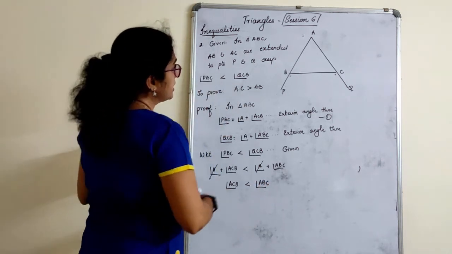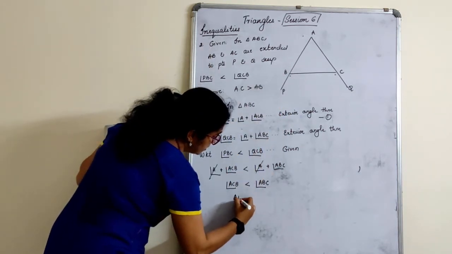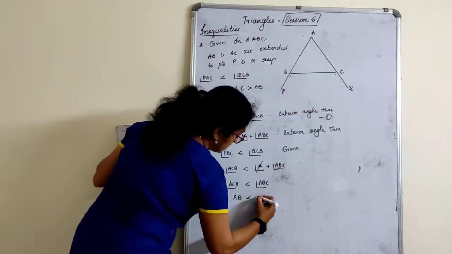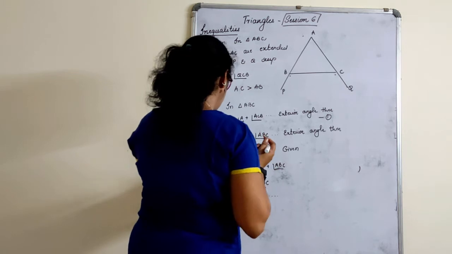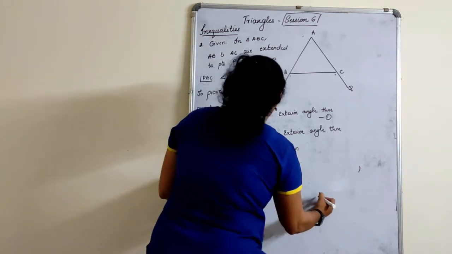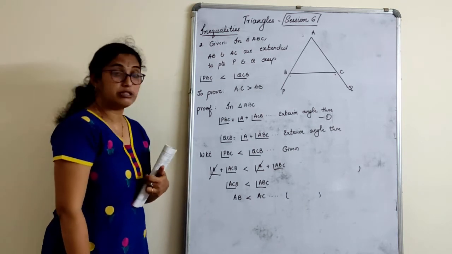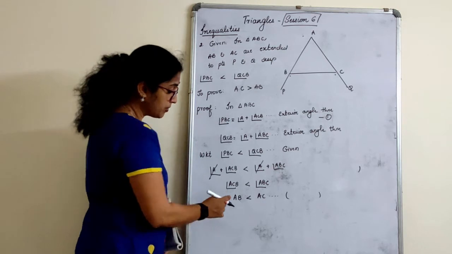For ACB, which is the opposite side, it is AB. Less than ABC, it is AC. Now, what reason will you write here? What you have written earlier. Sides opposite to greater angle are longer. Same thing. Whatever angle we have written, for that same reason.